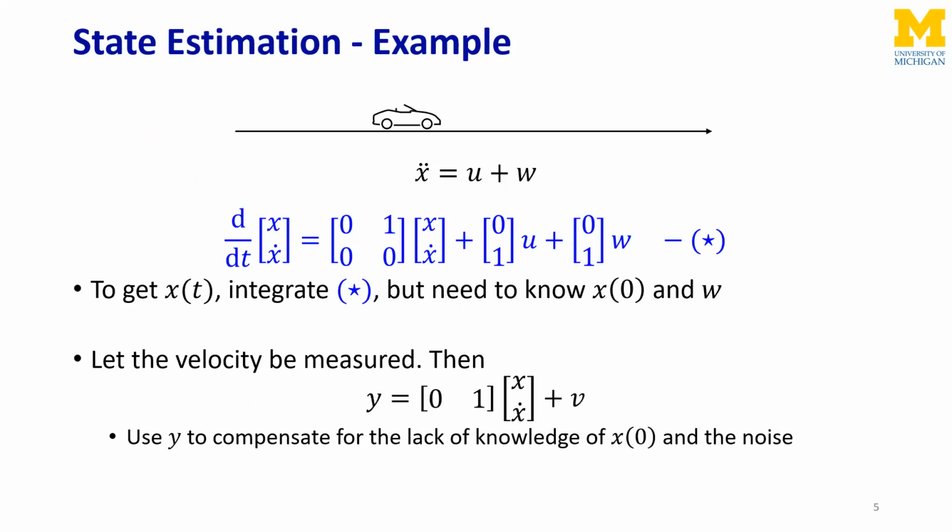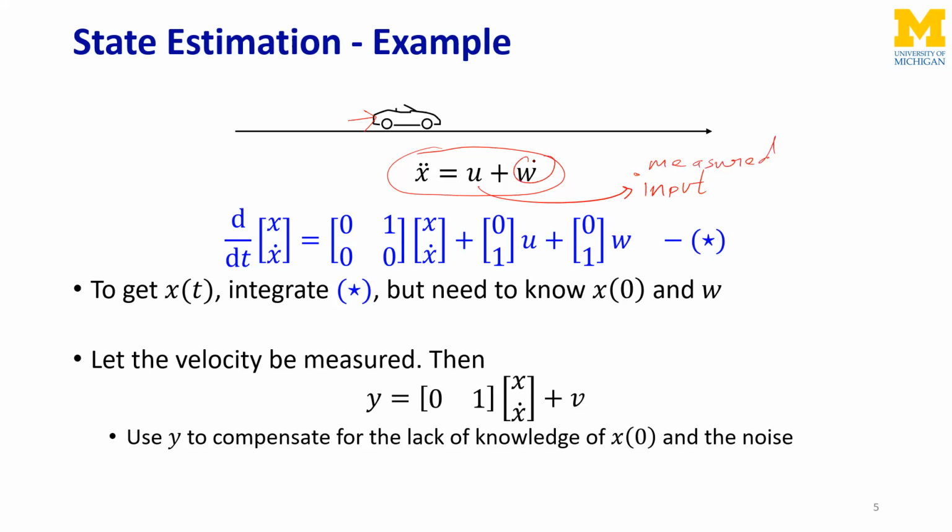So let's look at a simple example of state estimation. Suppose you have this car, and you apply a force to it, through an engine or whatever, and this car is going to move in one dimension. Using Newton's second law, you know that this car is governed by a second integrator, which is shown here. X double dot is the acceleration, and this is equal to the applied force divided by the mass. But this is the scaled input. U here is the input, and I should say the measured input.